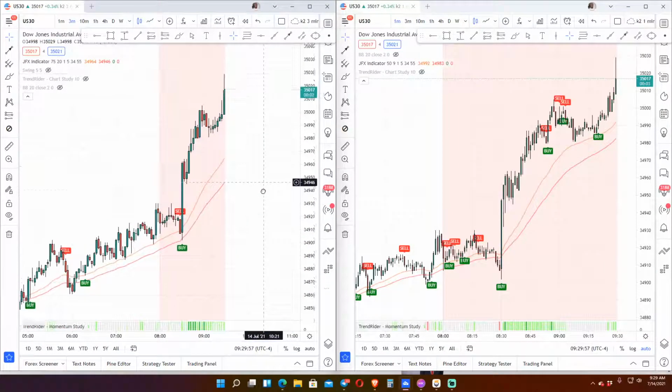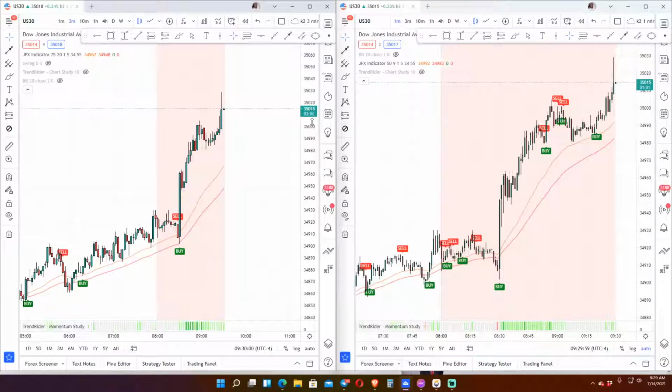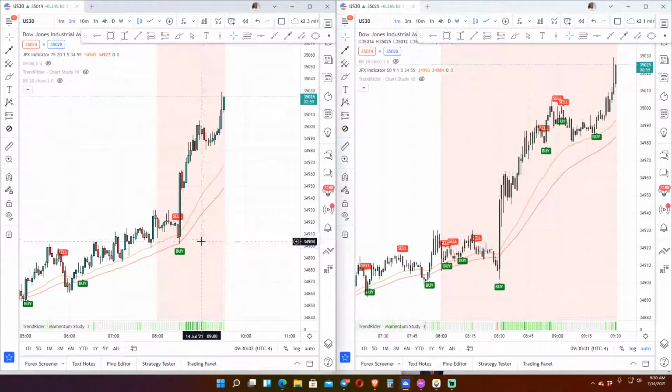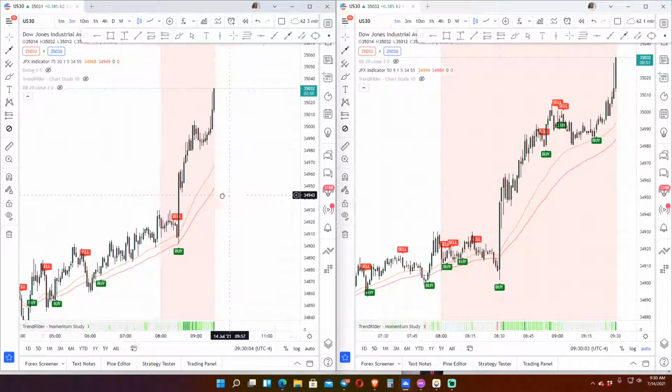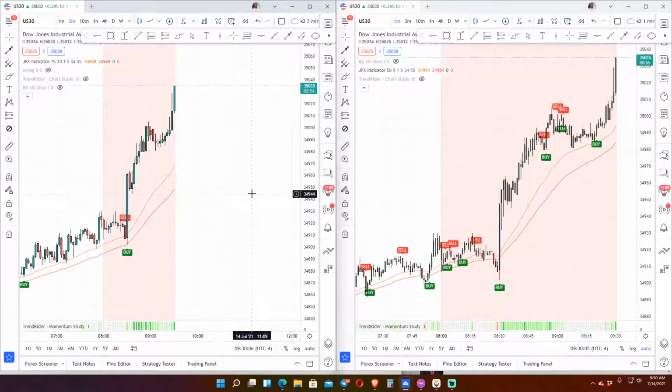So, all right, it is 9:30, so we wait and see what the market does. As you can see, price is just soaring.